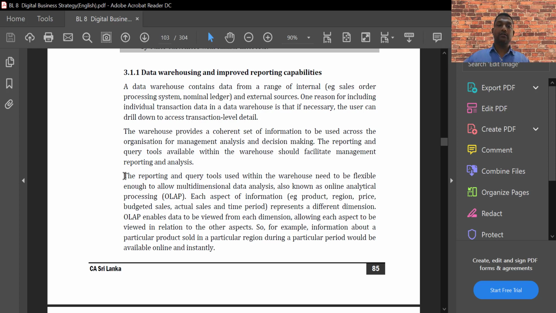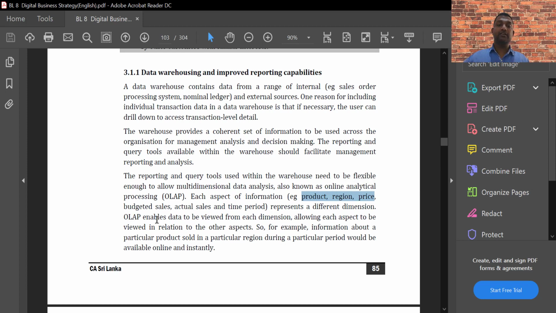So these tools are used in data warehousing to do multidimensional data analysis, right? Each aspect of information, which can be product, region, price, budget, sales, and things like that, represents a different dimension. So this OLAP can be used to analyze the data in the data warehouse from any of these dimensions to see what kind of patterns can emerge.